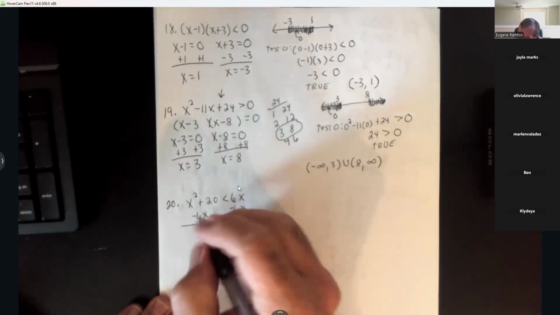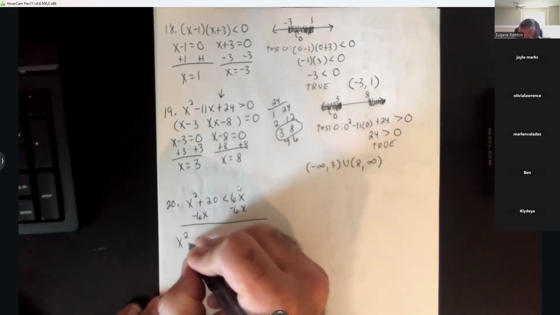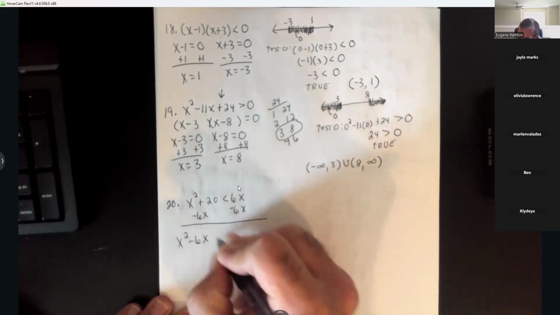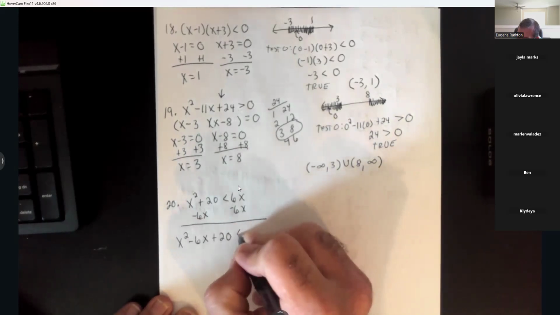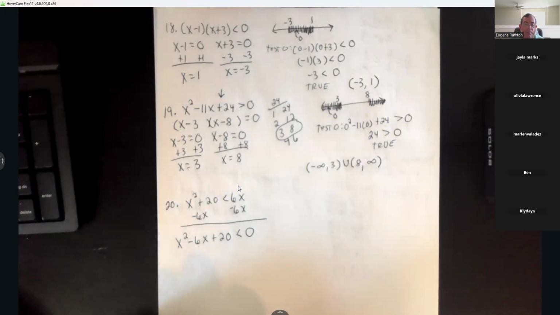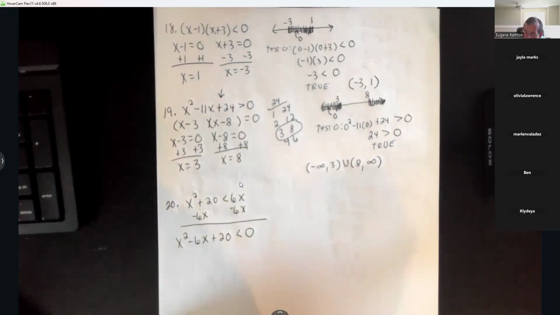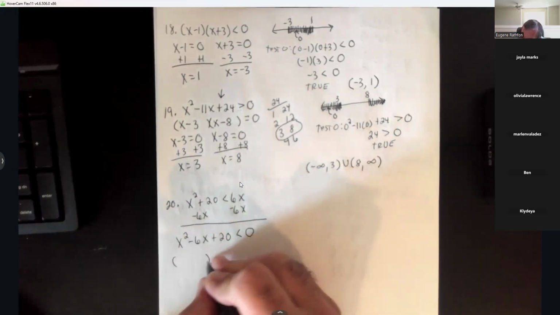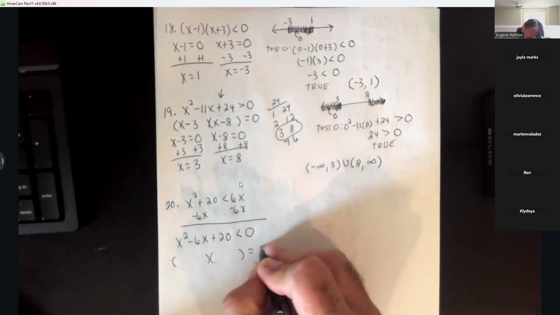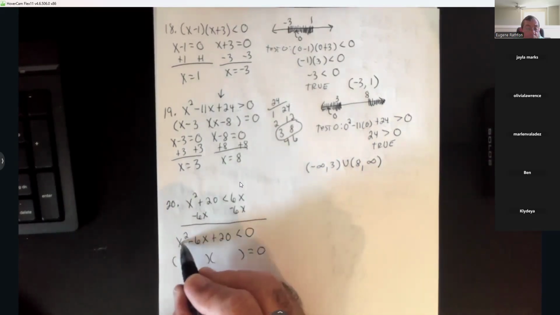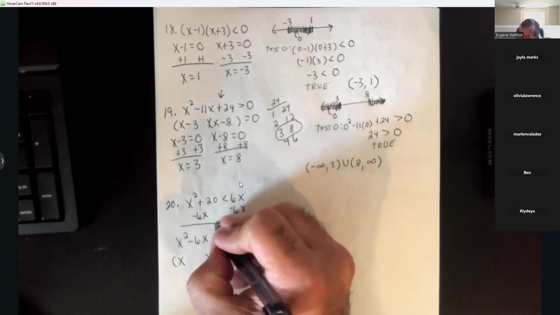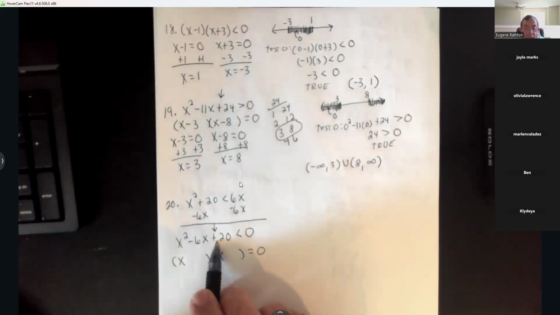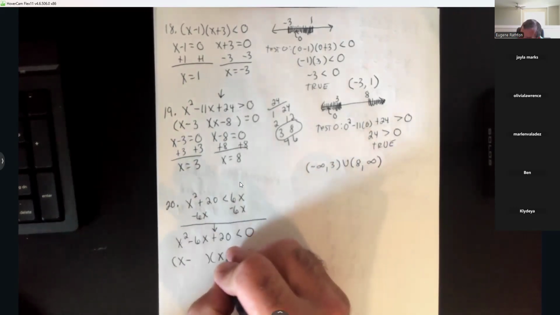Now, putting this in order, I'm going to have an x squared minus 6x plus 20 less than 0. All righty, so now I'm going to factor this and set it equal to 0 while I solve it. So x squared is an x and an x. The last sign is positive again, so both of these factors will be negative like the middle.